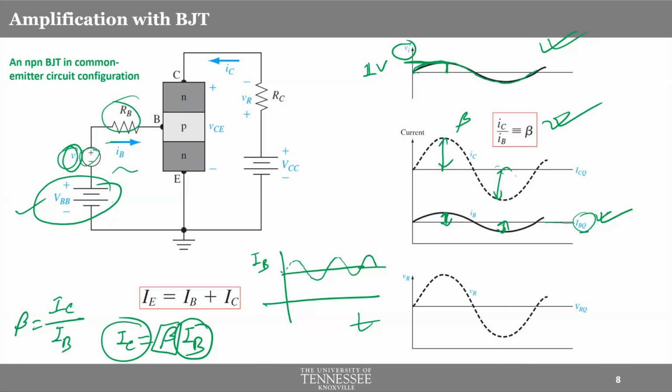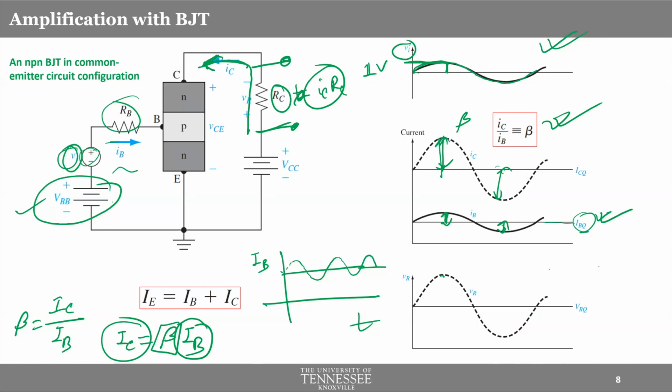Now, interesting, if the collector current is enhanced by beta times, the collector current is flowing through this resistance, and the voltage drop across this resistance will be IC times RC. So the voltage that you see across this RC resistance will also be enhanced because you have amplified the current.